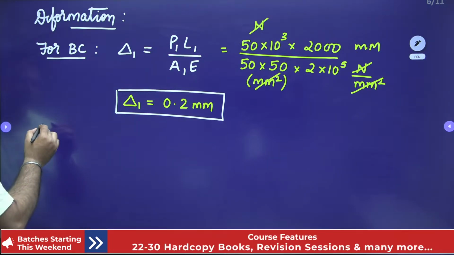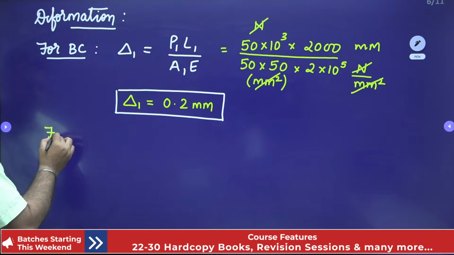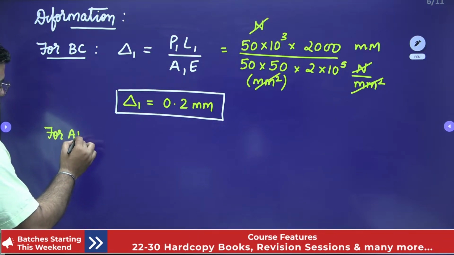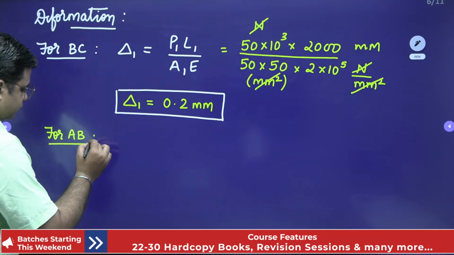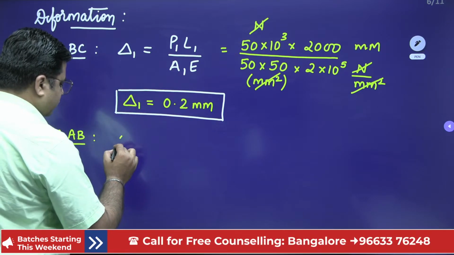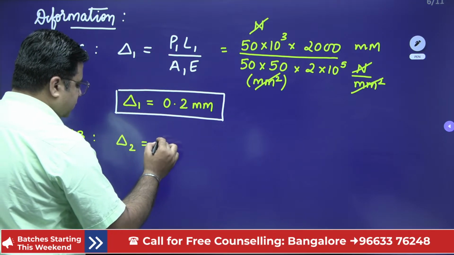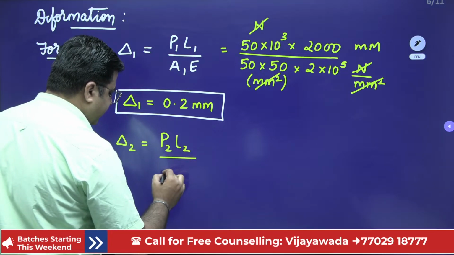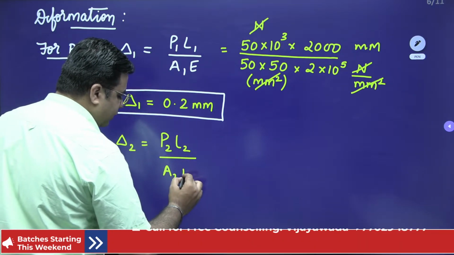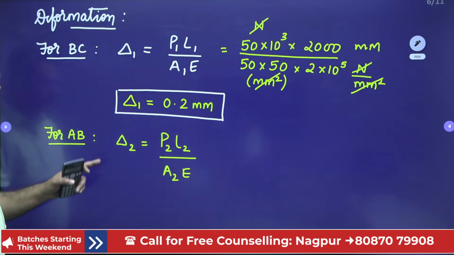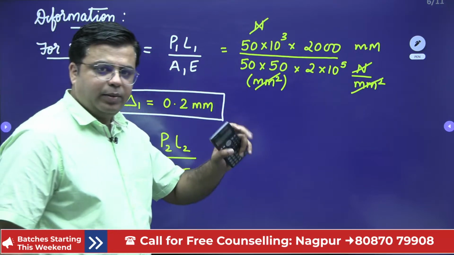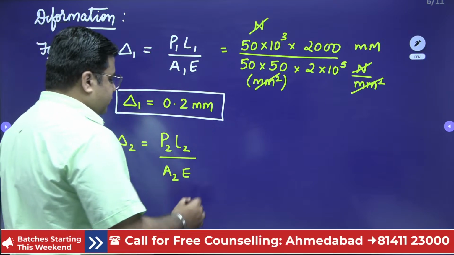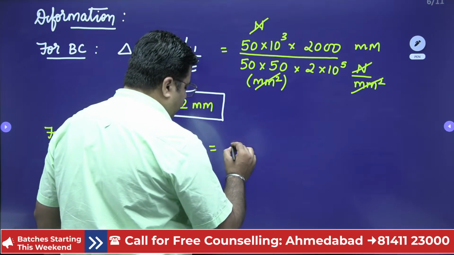Now, calculating it for AB. For AB, your delta 2 is P2 L2 divided by A2 into E. This is the net change in length for the member AB. Now, just substitute the values. This P2 is 250 kilonewton.